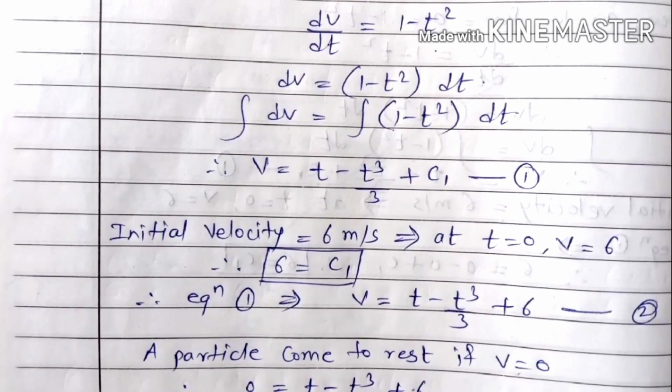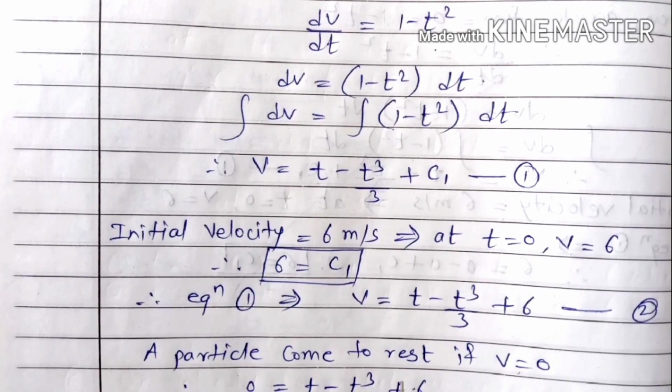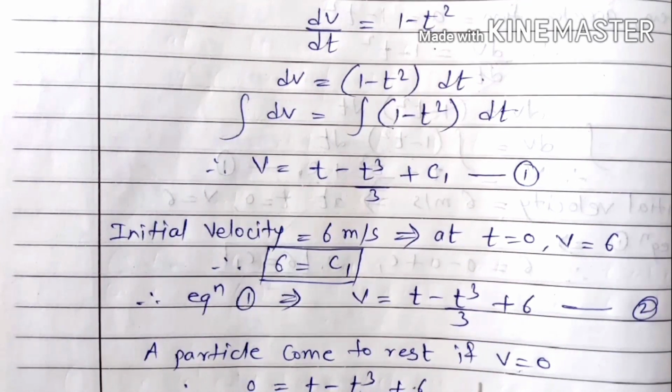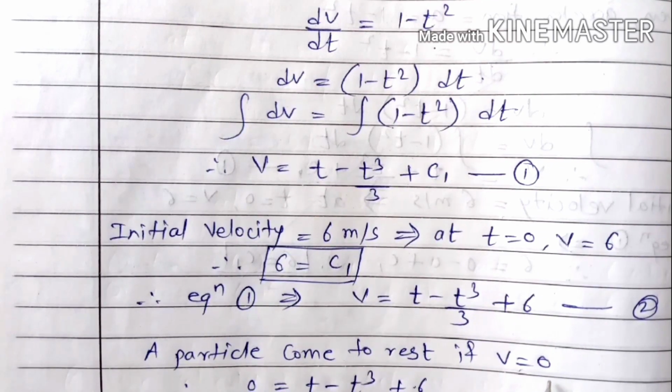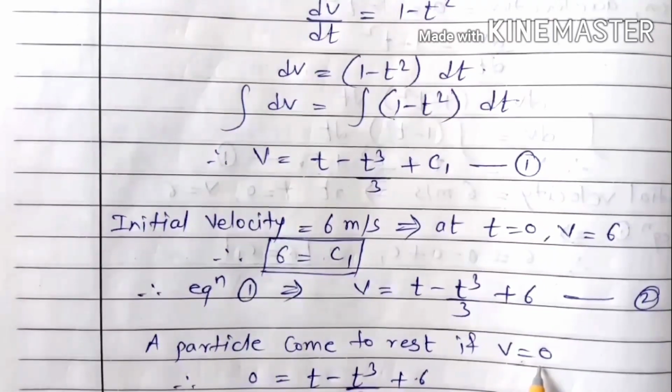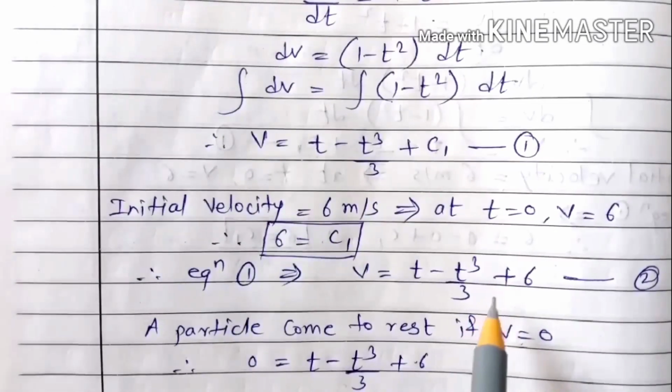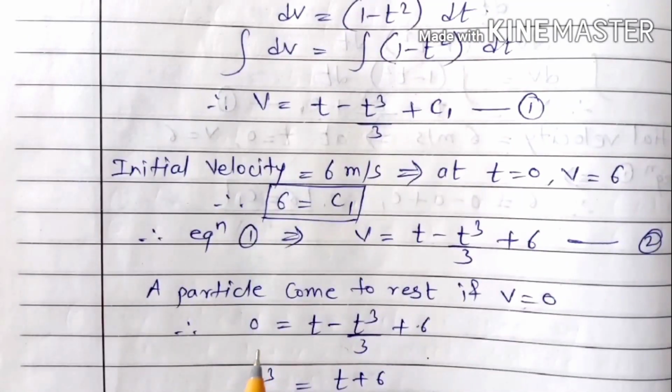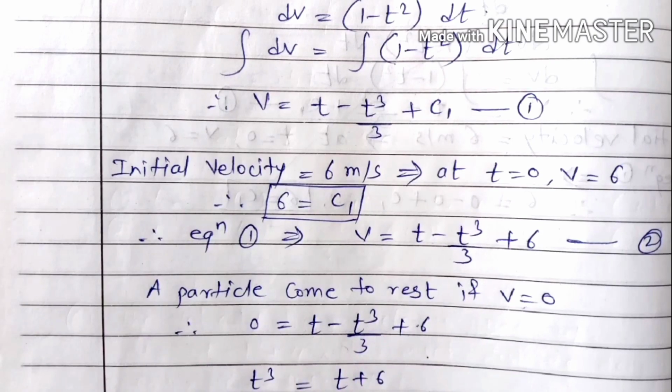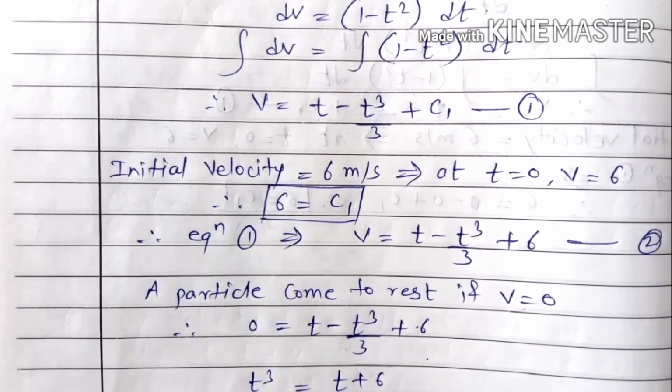We know that when a particle comes to rest, the velocity becomes 0. So we put v equal to 0 in this equation 2. We get 0 equal to t minus t cube by 3 plus 6.